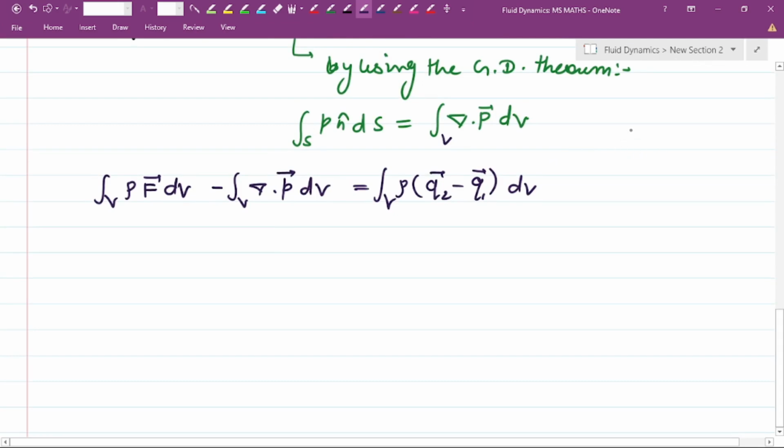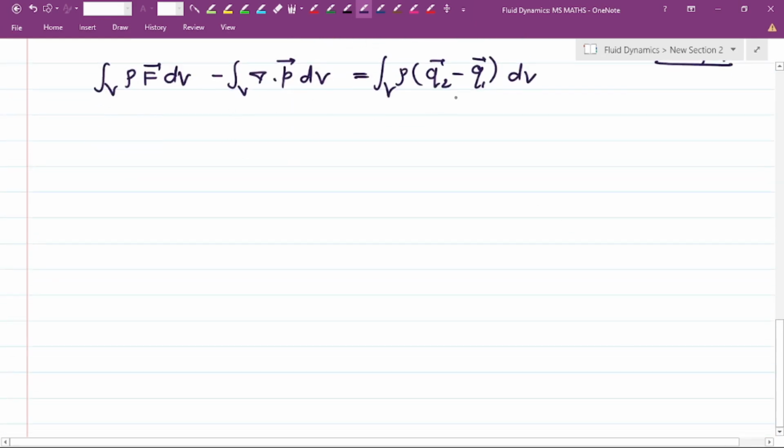Density is mass upon volume, and I can write the mass in terms of rho and V. Now I can write it because all the integrals are volume integrals, so we can write the integral of rho F vector minus del p vector minus rho into q2 vector minus q1 vector dV is equal to 0.